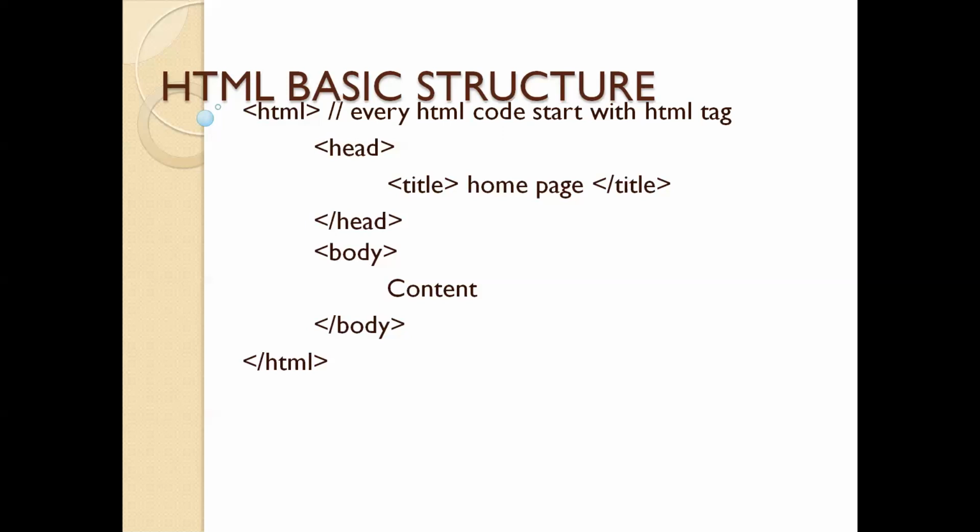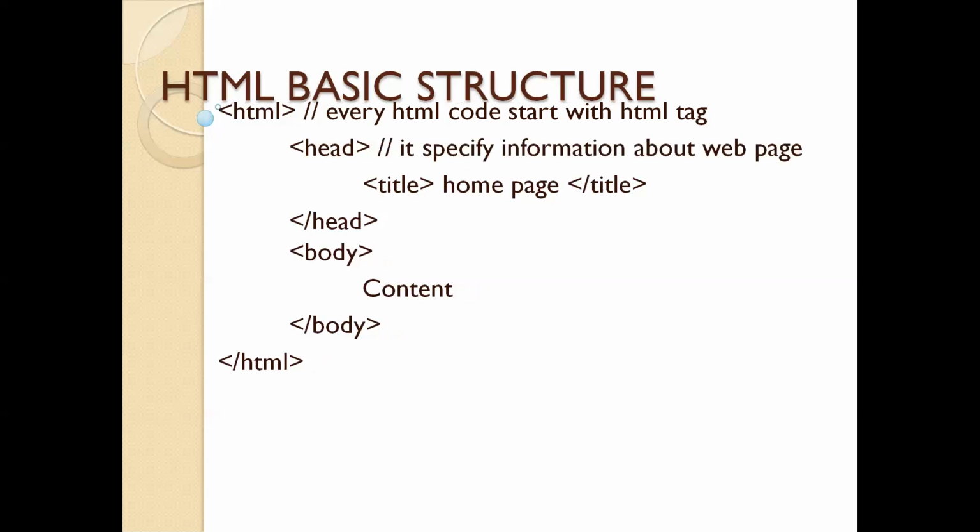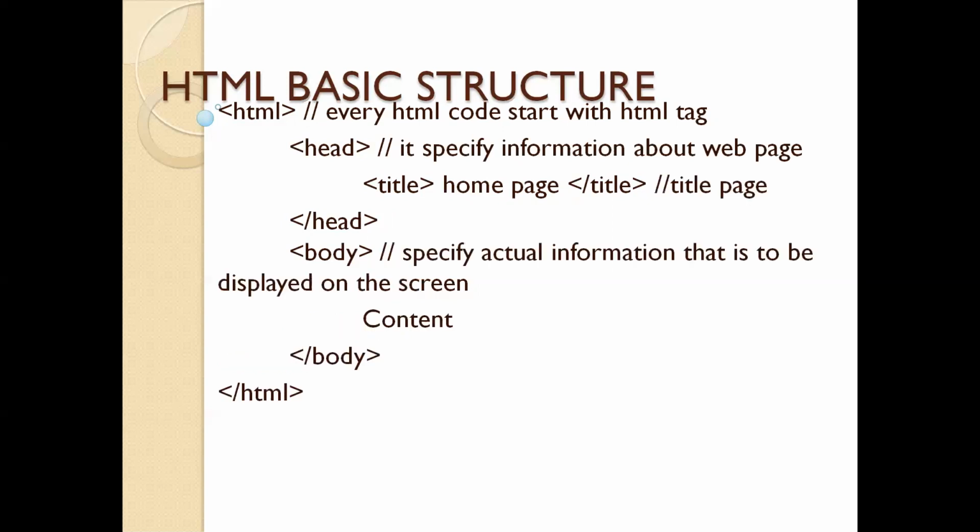Every HTML code starts with the HTML tag, and then the head tag. What does this head tag specify? It specifies information about the web page. The web page we are going to work on has some information, and the specification of that information is done by using this head tag. Title.